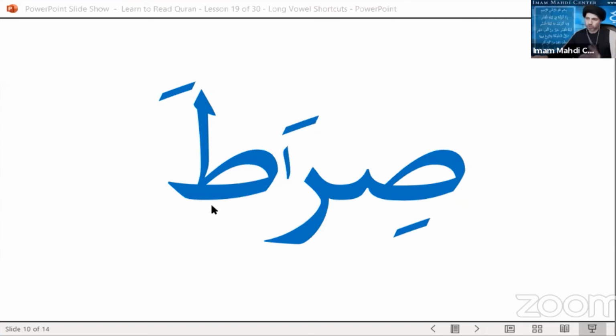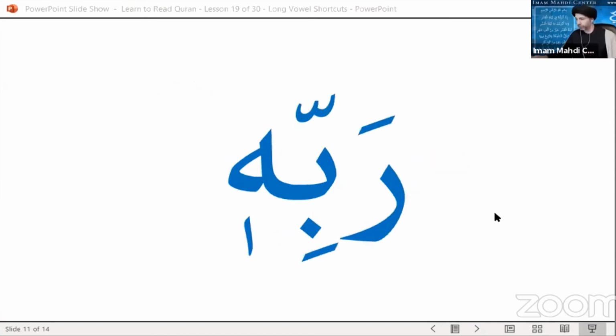So now what about the other short vowels? I'm sorry, the other long vowels. Well, you'll see the alif one a lot, so we went over a few examples. For the other ones, here we have the letter ra with fatha, and then we have a ba with shadda. So we have to connect the two. You remember from our lesson on the shadda, when a letter has shadda, it connects to the letter on its right. So we say rab, and then the ba has a kasra.